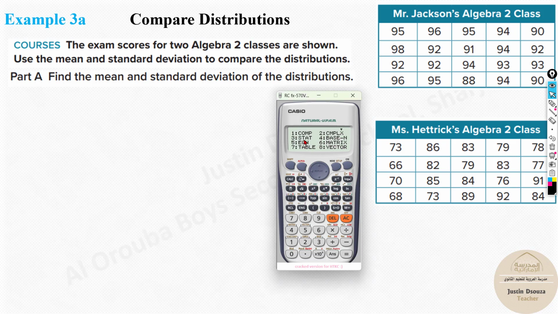I'll just quickly show: mode 3, 1, and type in all the values. I would request you all to try this by yourself, but I'll just discuss the answers and type it all in. Then you need to press AC or on, then shift 1, 4, and choose whatever you want: 2 for mean, 3 for standard deviation.